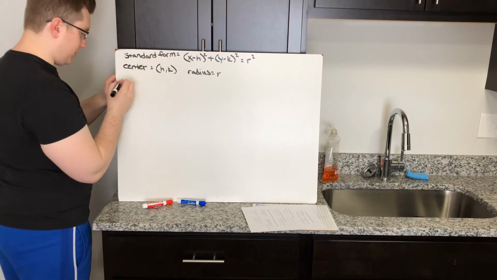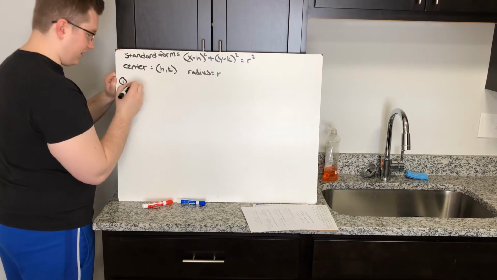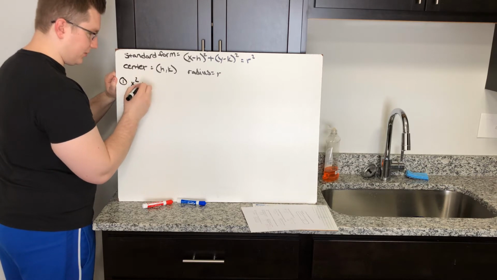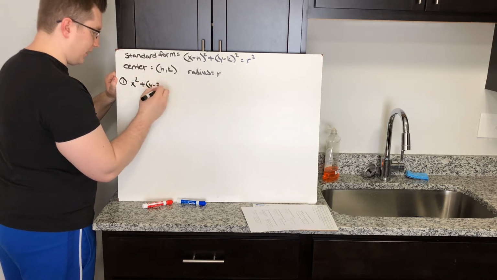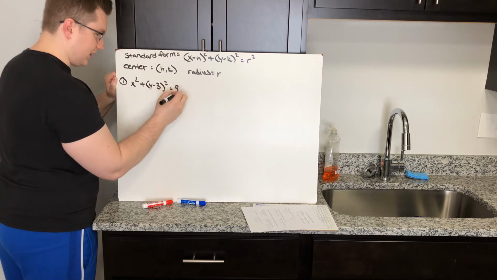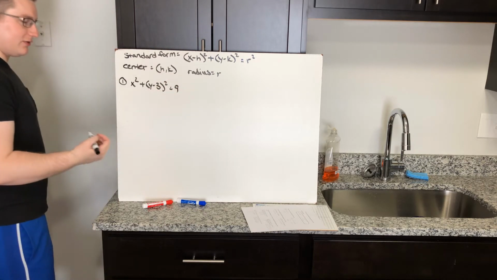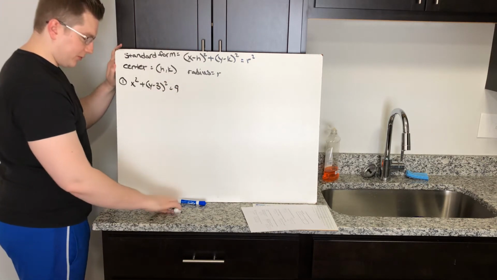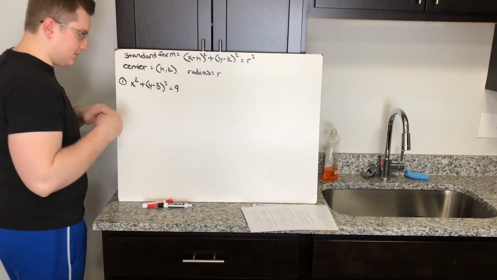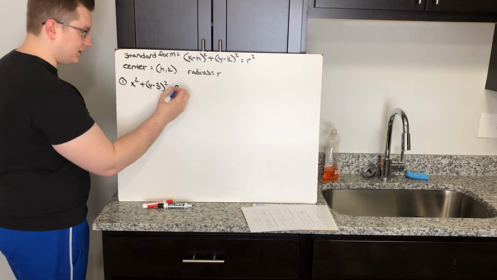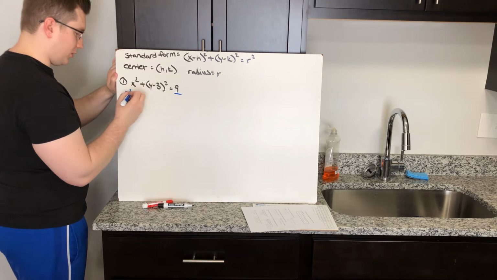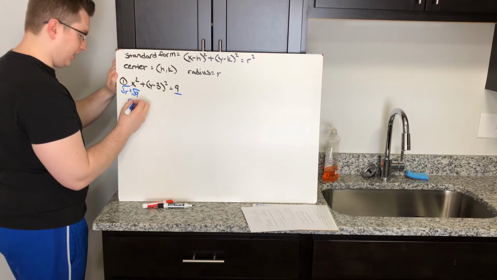So for number 1, I have x squared plus (y minus 3) squared is equal to 9. And we have to name the center and the radius. Well, the radius is pretty easy. I'm just going to look at this 9. So r squared is equal to 9. If I take square roots, our radius is 3.